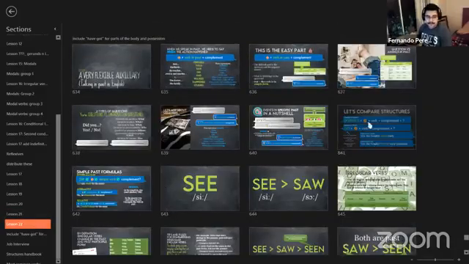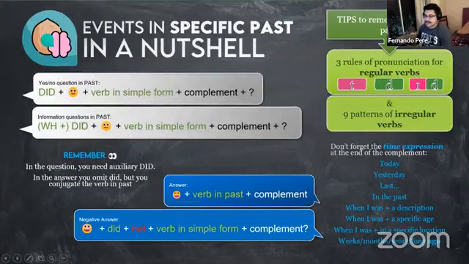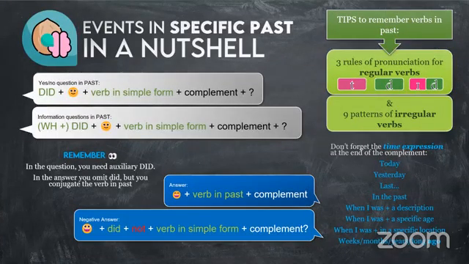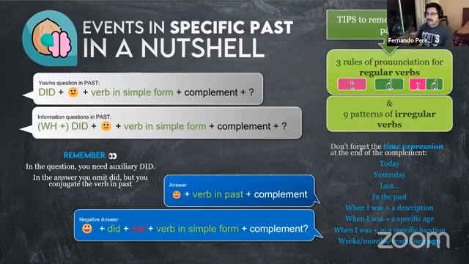So, this is yesterday's class, no? Talking in past. I am very happy to see that you dominate this topic. Simple past is very easy for you, and I really hope you remember and memorize regular and irregular verbs.